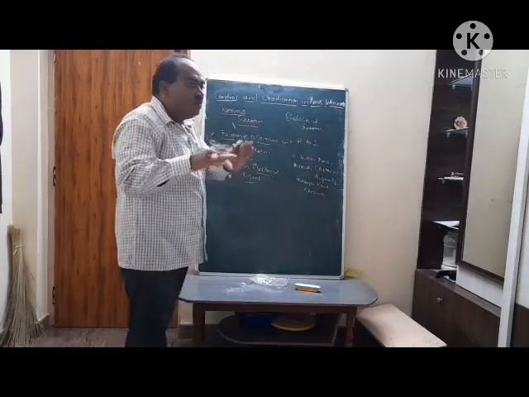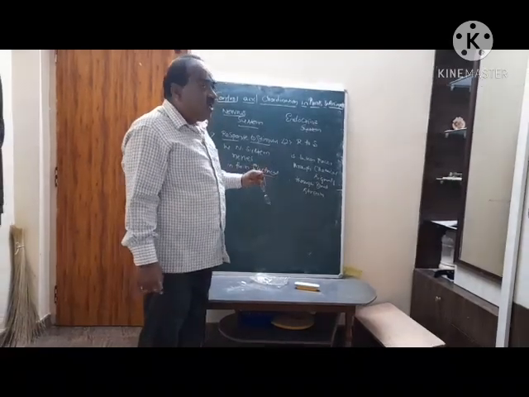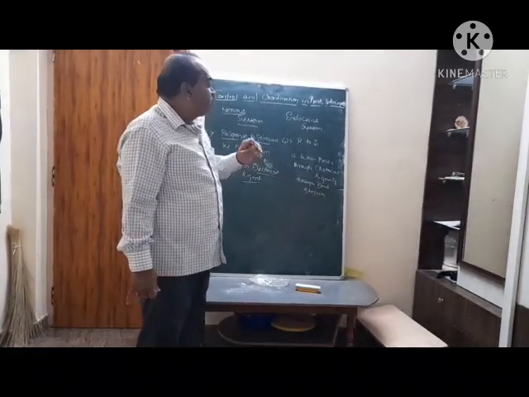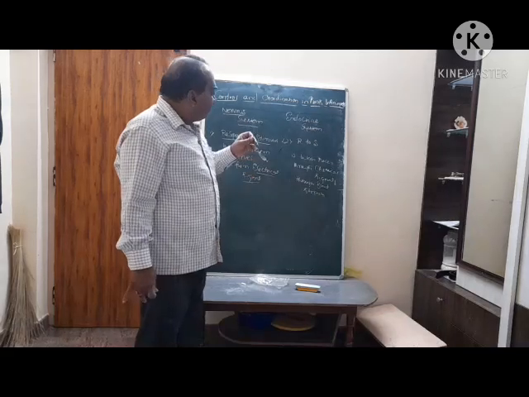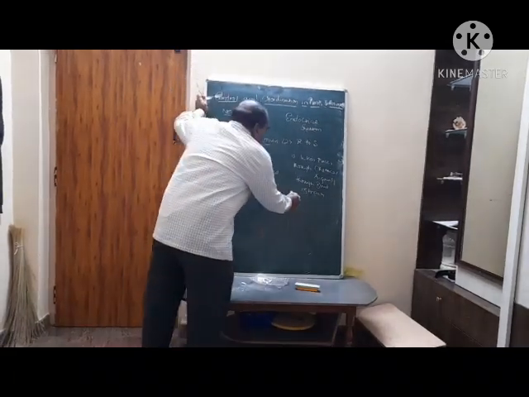In that way the endocrine system responds to the stimulus in the form of chemical signals through the blood stream to the target organs.